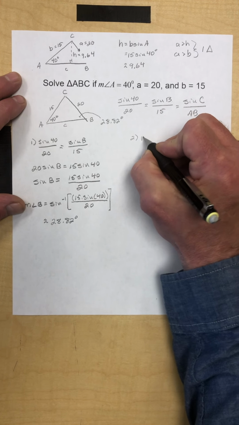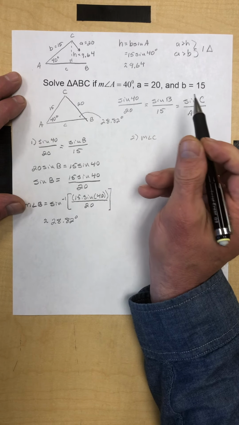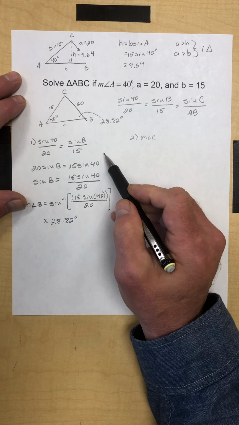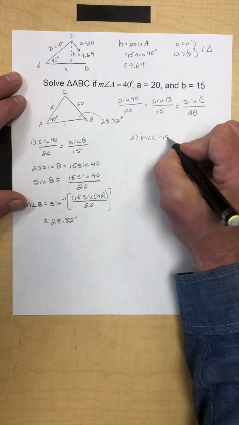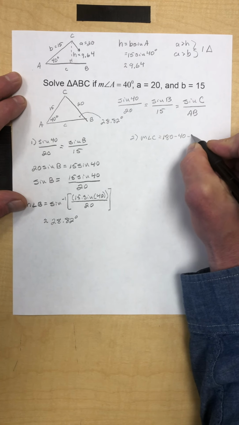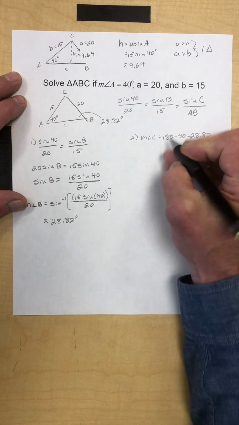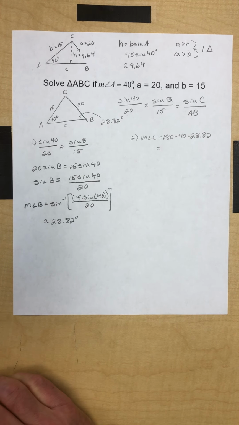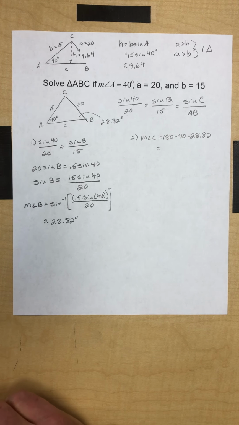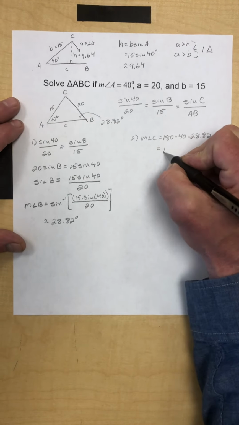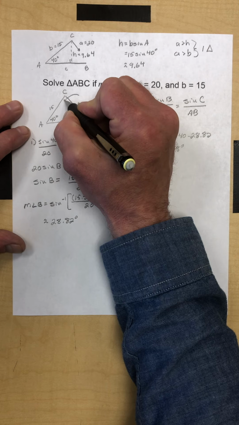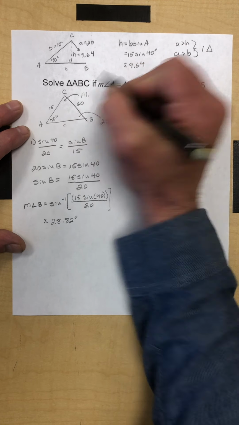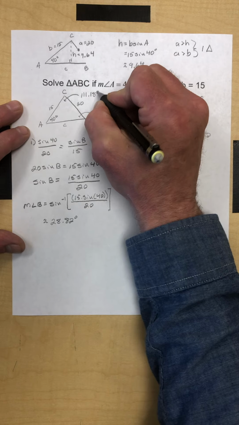Now I have to find the measure of angle C. Notice the only way I can find that is to use the triangle sum theorem. So I've got to go 180 minus the 40 minus the 28.82. 180 minus 40 is 140, so 140 minus 28.82, I'm coming up with 111.18 degrees.